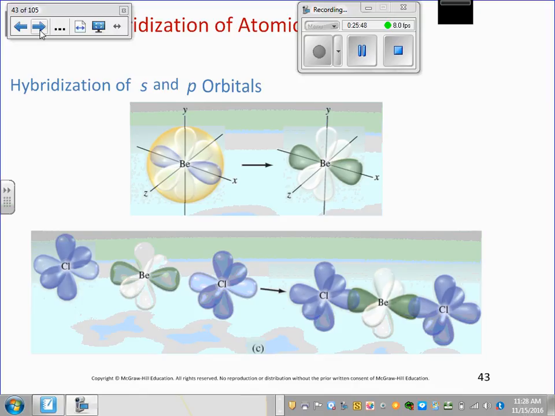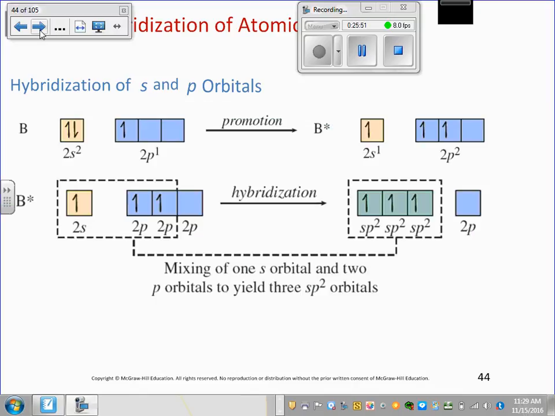Boron, we know from VSEPR, likes to form boron trifluoride. Everyone was perfectly happy. 3 bonds. So boron, to form 3 bonds, according to valence bond theory, should have 3 unpaired electrons. If we look, I only see 1 unpaired electron. It's 2p1. So I can take one of the electrons out of the 2s2 and promote it to the 2p, and remember Hund's rule, you fill up the empty boxes first.